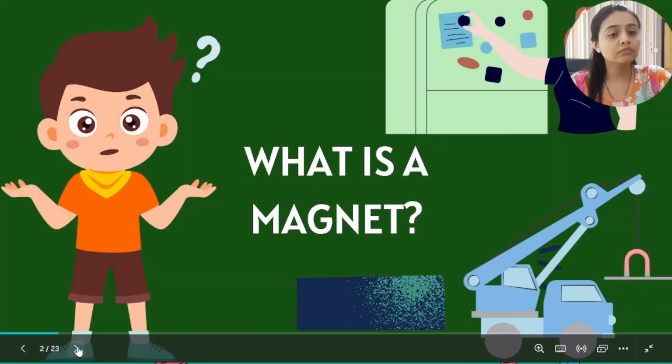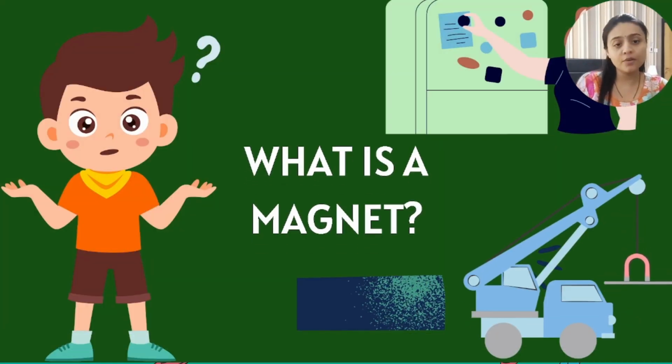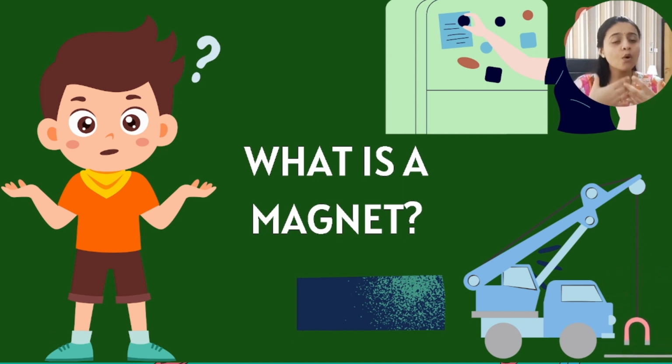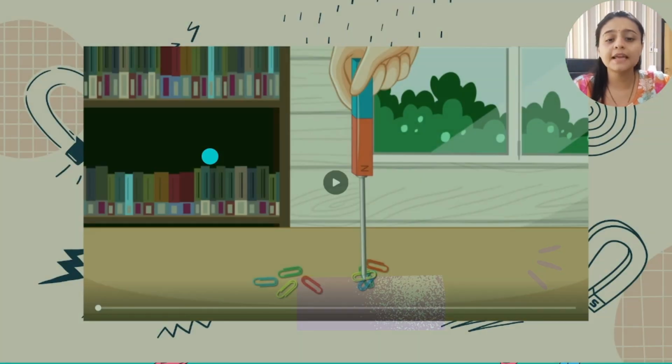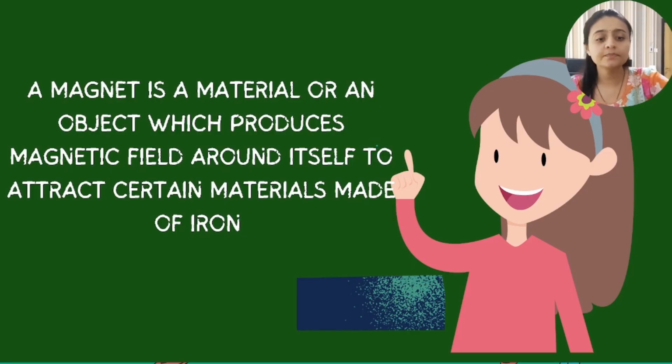Before proceeding with the chapter, we must know what a magnet is. A magnet is a material or an object which produces a magnetic field around itself to attract certain materials made of iron.